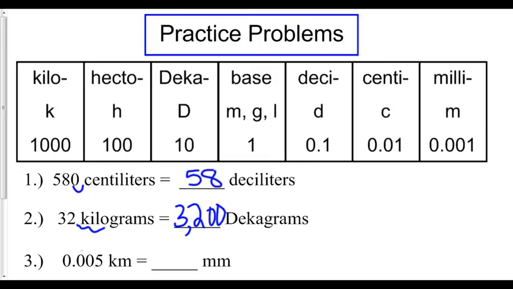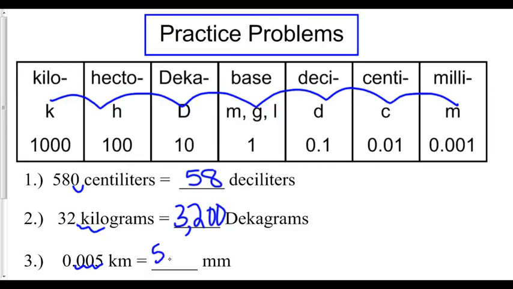I have 0.005 kilometers. I want to know how many millimeters that is. Well, here's my kilometers. Millimeters all the way over here. I'm going to move over 1, 2, 3, 4, 5, 6 times. So this decimal needs to move over 6 times. And that is going to be 1, 2, 3, and 3 zeros, 5,000 millimeters.